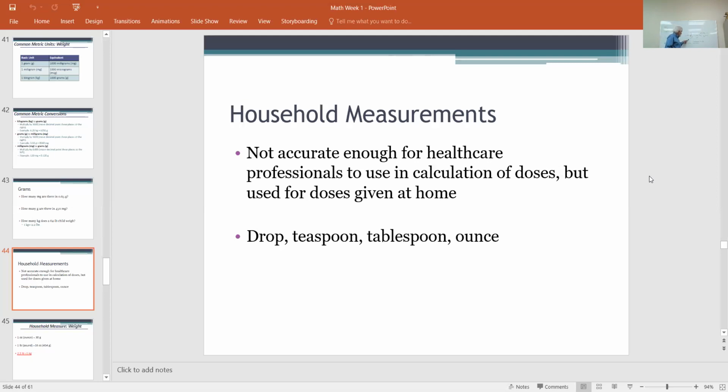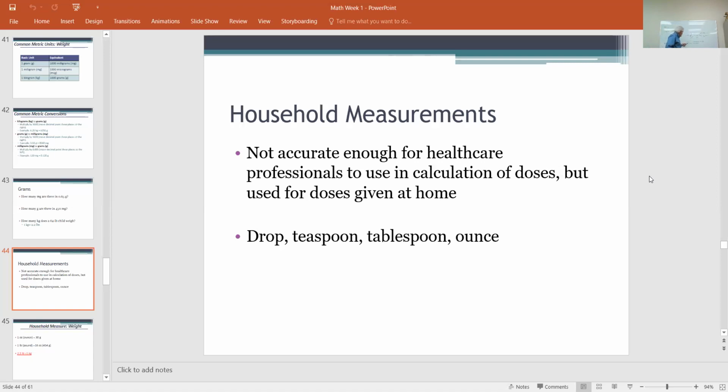So if we're converting these things, and often we have to, because in calculations you can't have different levels of units of the same parameter, like different levels of weight or volume. So we have to make them unified.